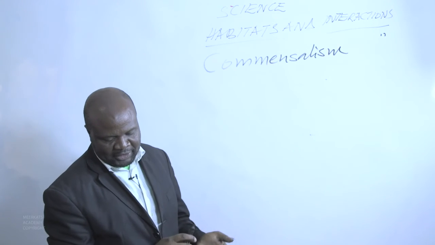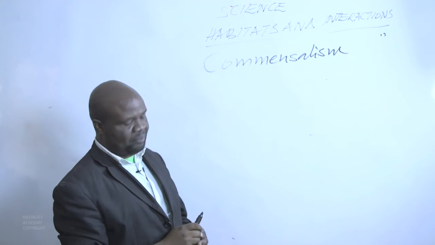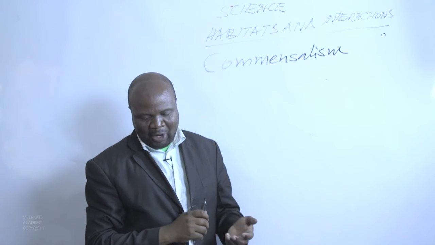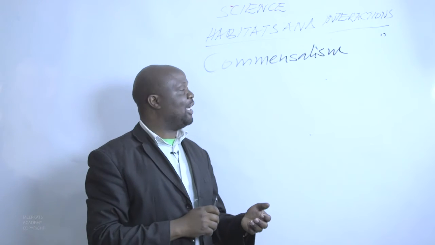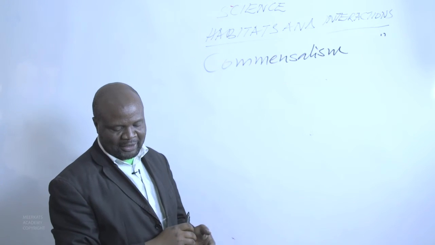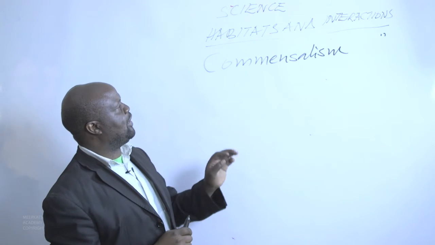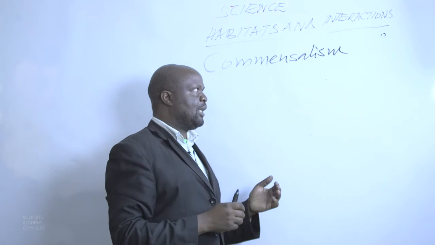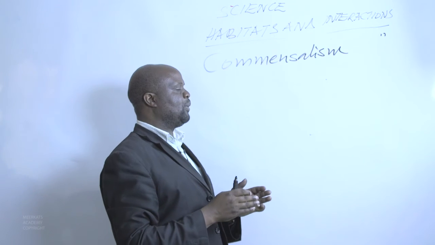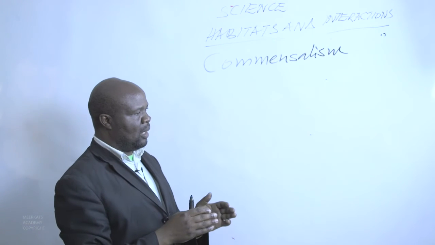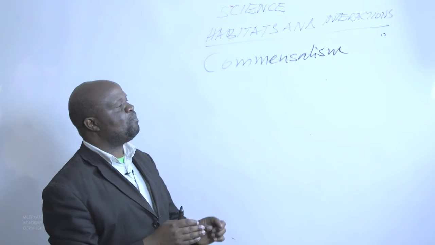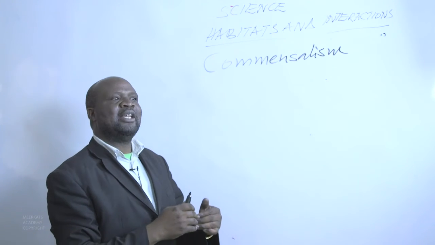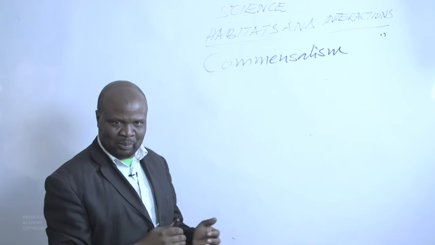When we talk of commensalism, this is a situation whereby an animal, such as a cow, helps a bird to get insects as it grazes on grass. In such a kind of symbiotic relationship, one organism is assisting another to get its food while it is not being harmed in any way.